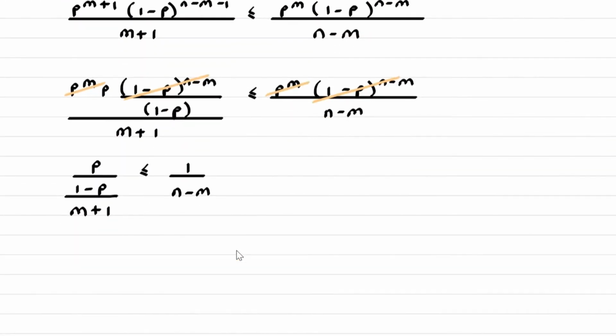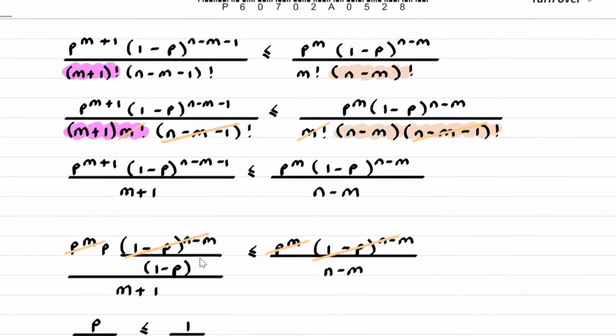So if I multiply through by 1 minus p, that means I'm left with p over m plus 1 being less than or equal to 1 minus p over n minus m. Now I'm going to call this 2.